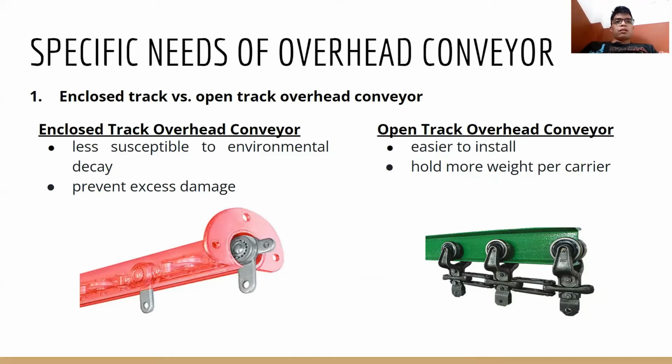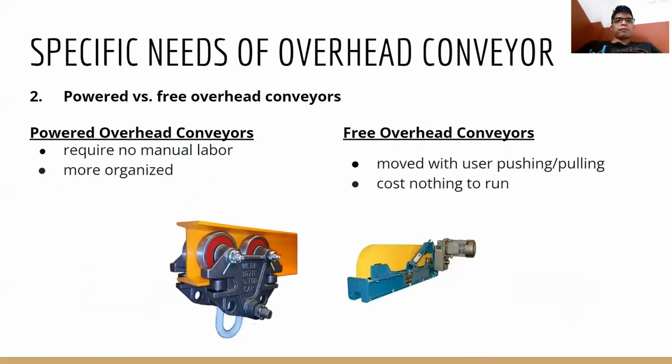Conversely, open track conveyors are easier to install, taking a more typical I-beam form and opting for trolleys instead of a chain, and are generally simpler. Enclosed track overhead conveyors will prevent excess damage, but open track conveyors can hold more weight per carrier. So the choice is ultimately dependent on the characteristics of the conveyed items.